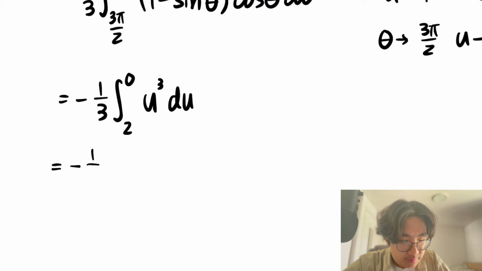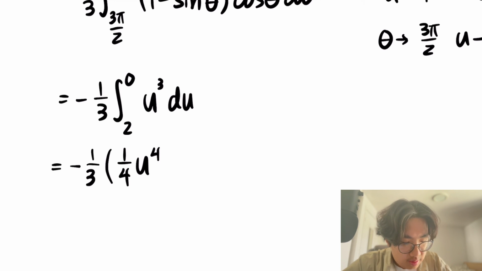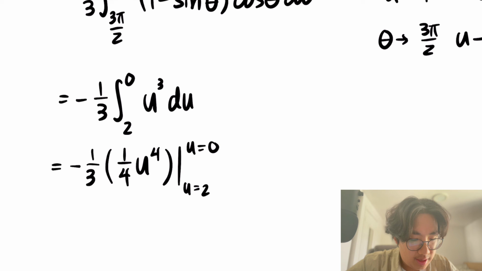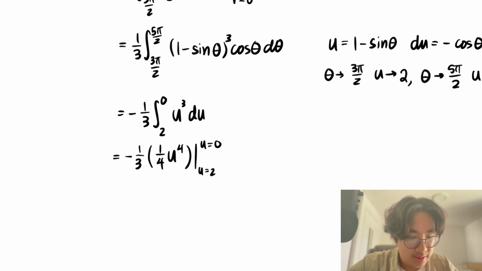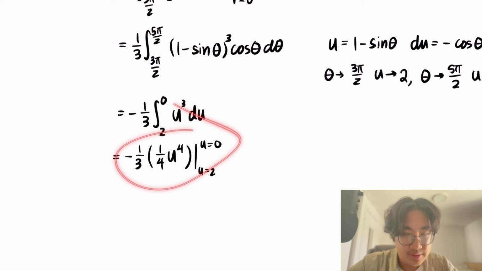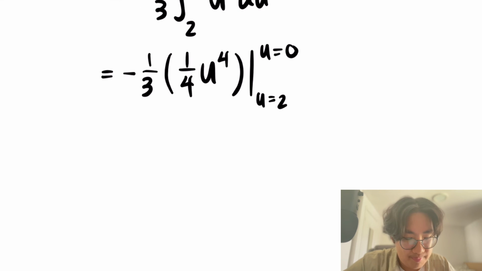So negative 1 over 3 times 1 over 4 u to the power 4, evaluated at u equal to 2 and u equal to 0. Of course, you can stay within just r and theta values when integrating, but this works just as fine.